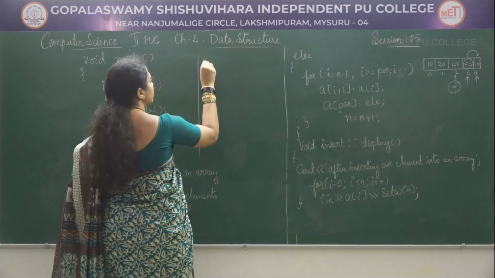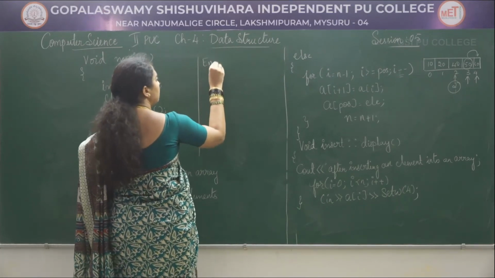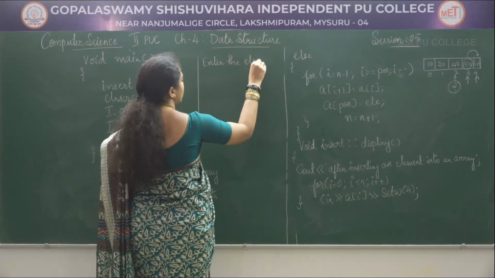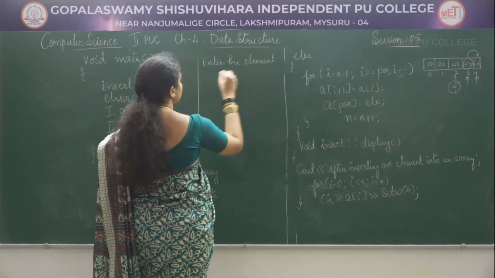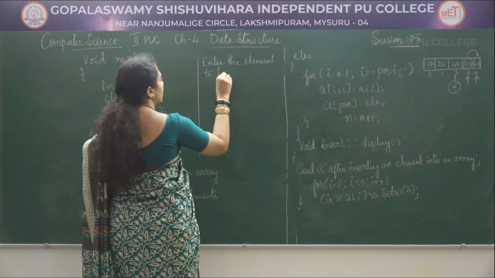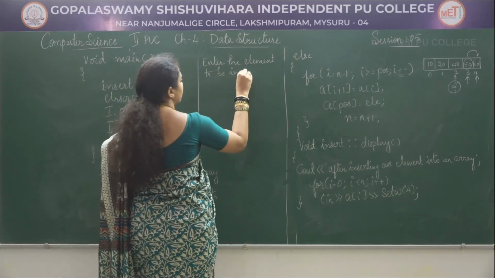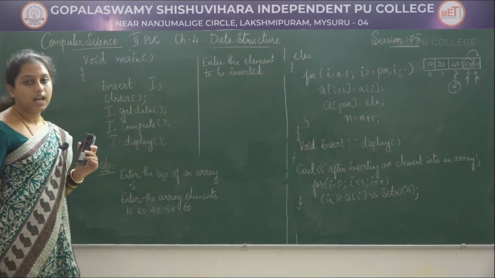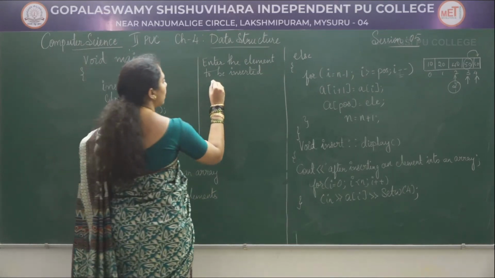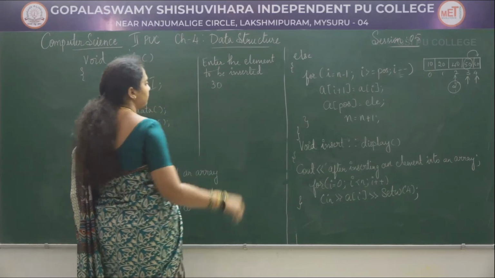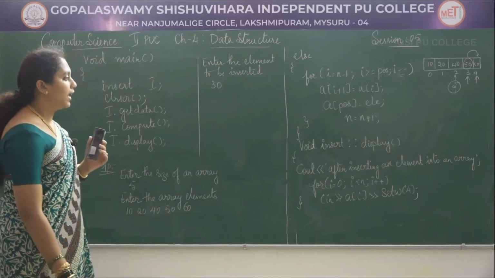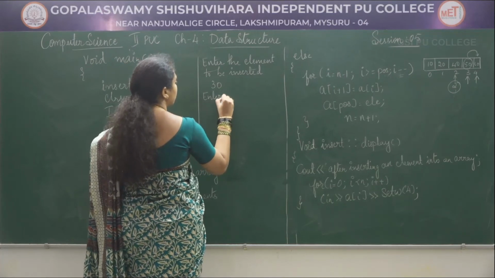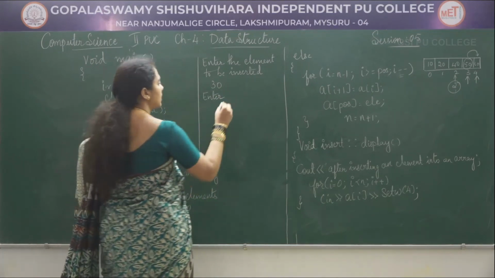Next is enter the element to be inserted. So which element do we want to insert? We want to insert an item called 30. Next we have to accept the position at which the element has to be inserted.